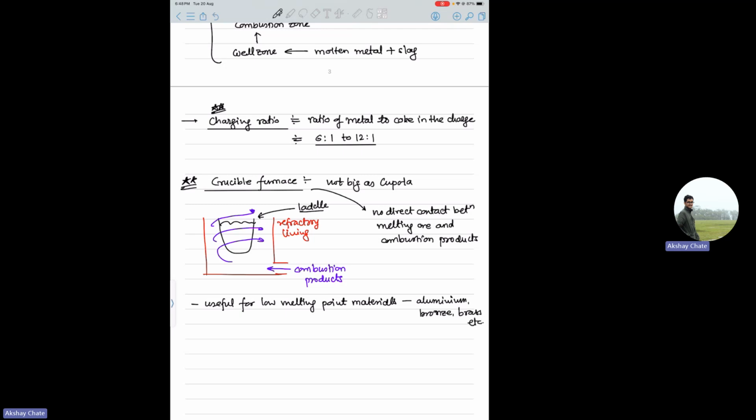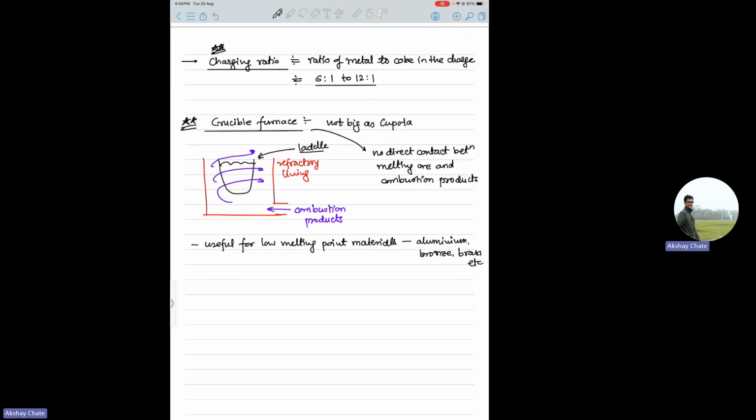The disadvantage here is, when you melt in this ladle and take it out for pouring into your casting mold or somewhere, you have to be careful while transferring the molten metal.